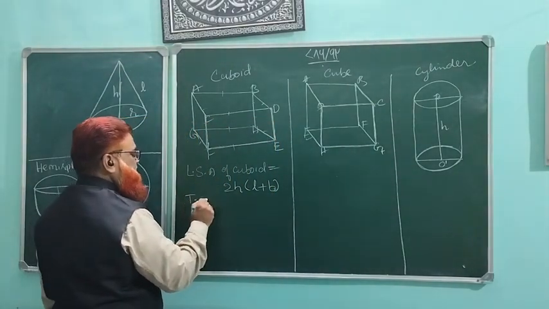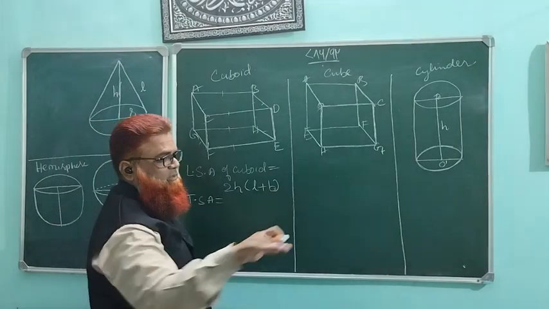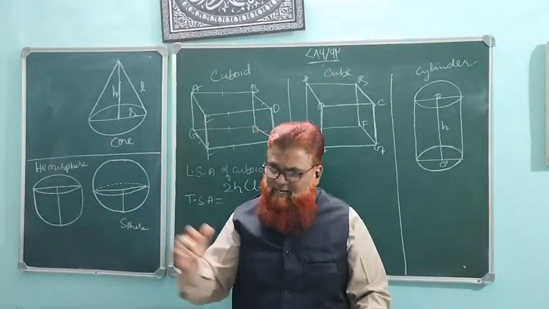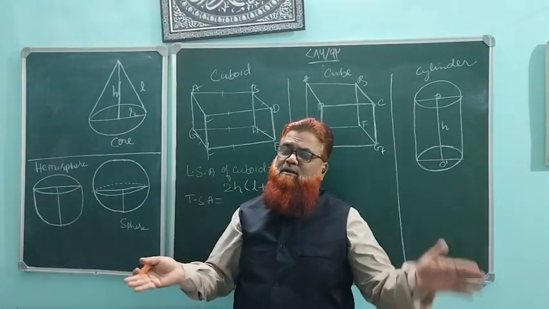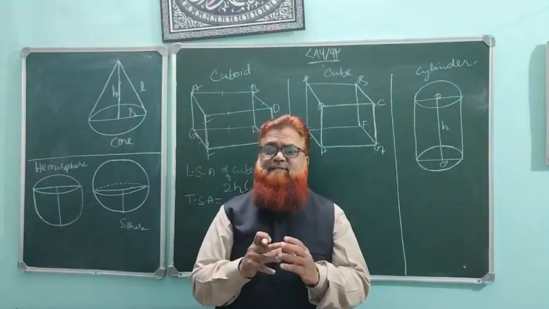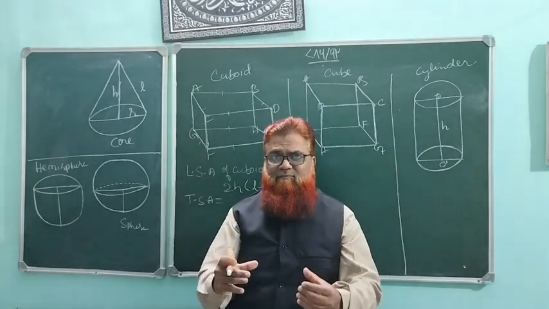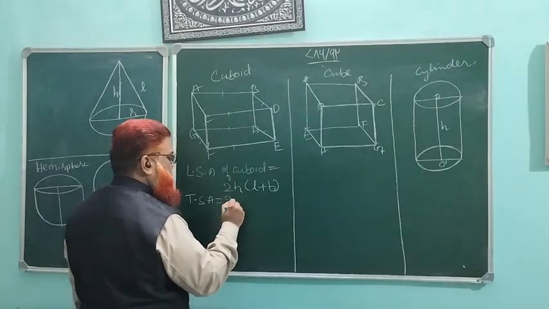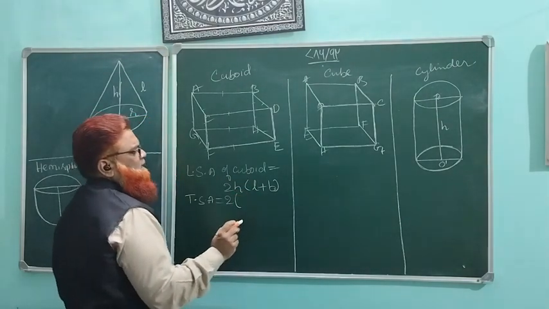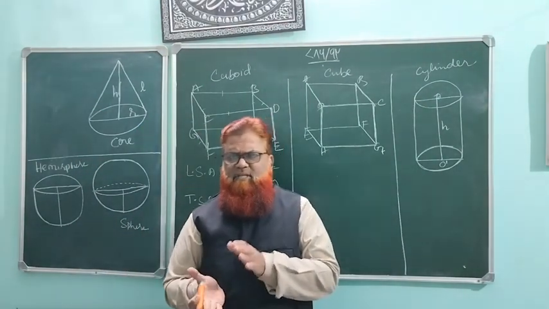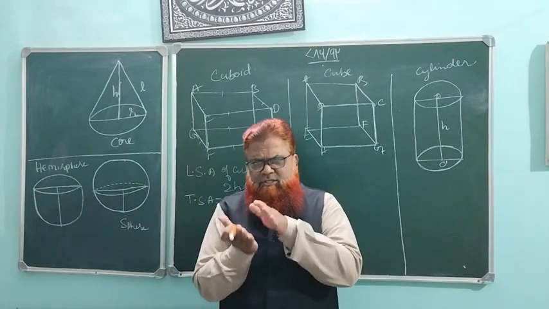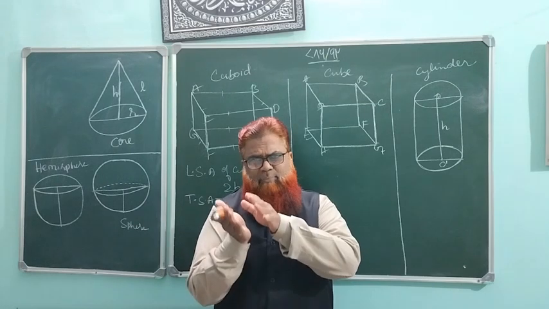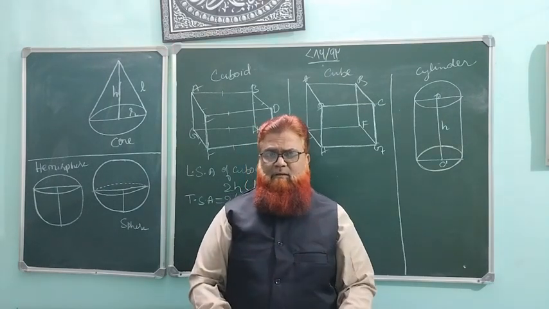Similarly, total surface means it is not only the surface surrounding the figure laterally, but its top and bottom should also be included, which we say is the total surface area. Then TSA is equal to 2 bracket. See that one, in 6 faces, each 2 faces are associated with some particular measurements.